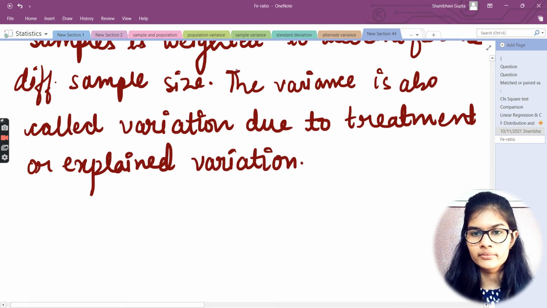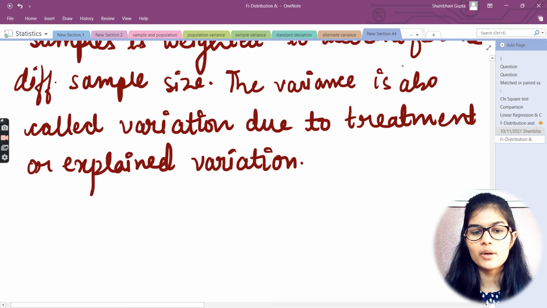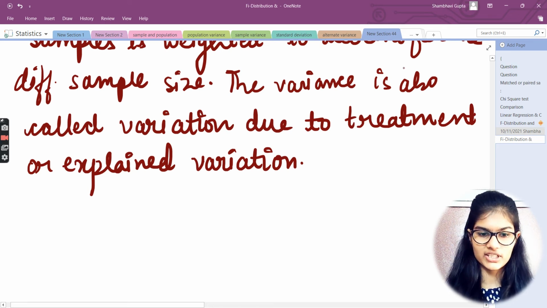So the variance is also called variation due to treatment or the explained variation, right? So this was about the variance between the samples.